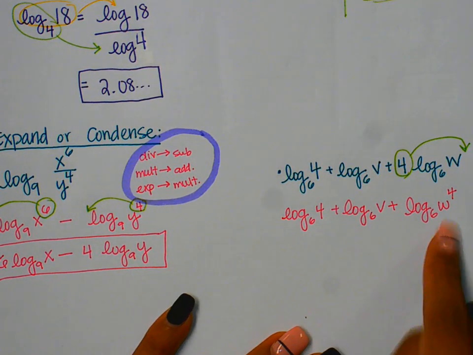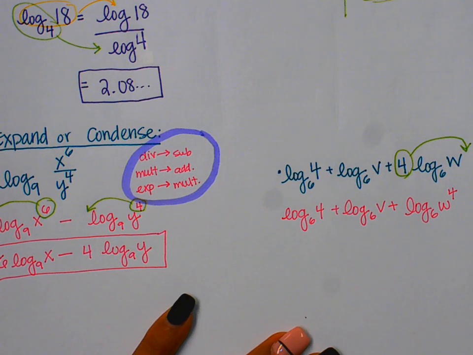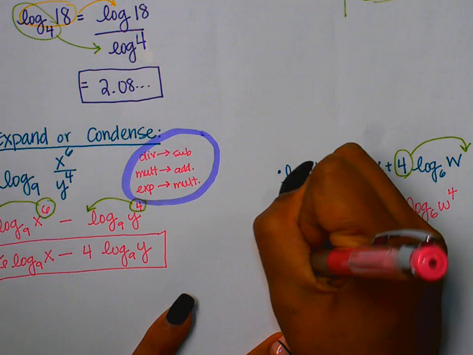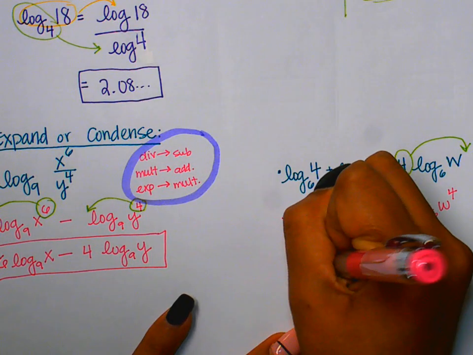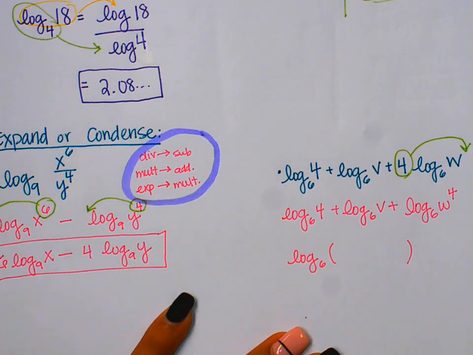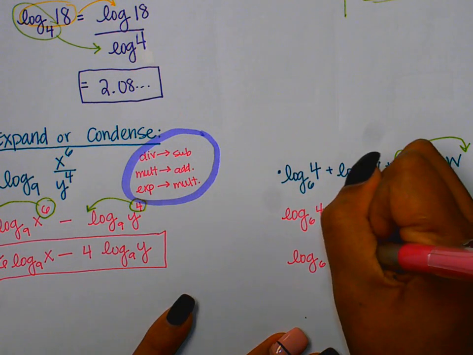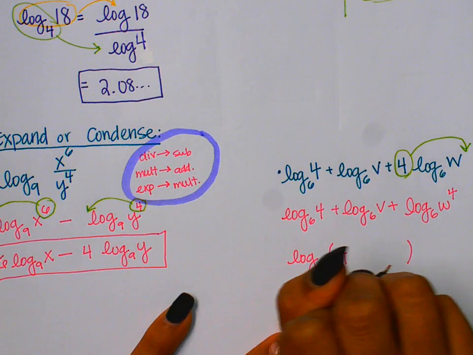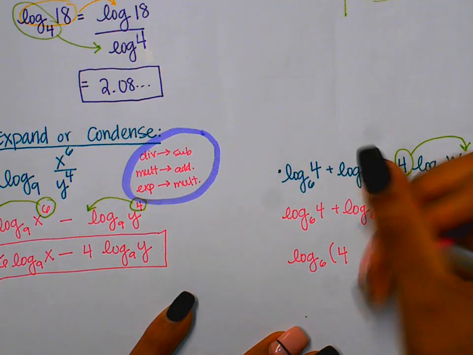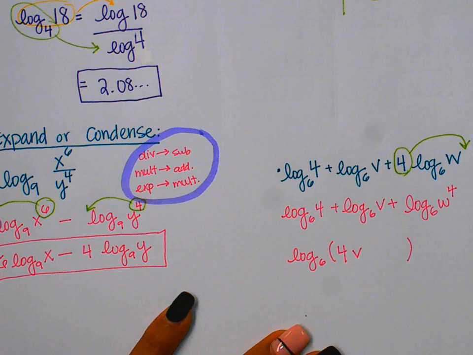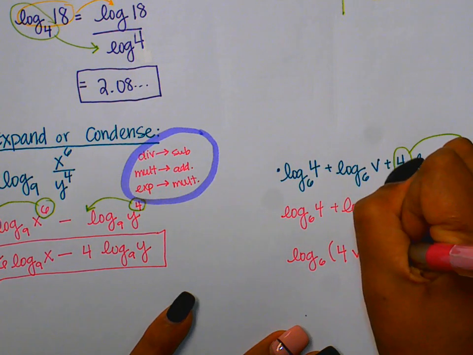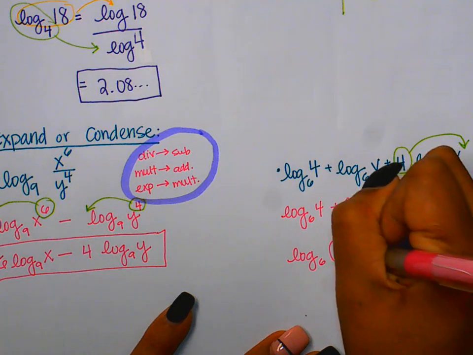Now, since each one of these things is being combined by addition, that means each one of these things are actually being multiplied by each other. So I'm going to keep one log because everything else will be grouped together by multiplication. So I'm going to put my 4, I'm going to bring my V, and then I'm going to do W to the power of 4.